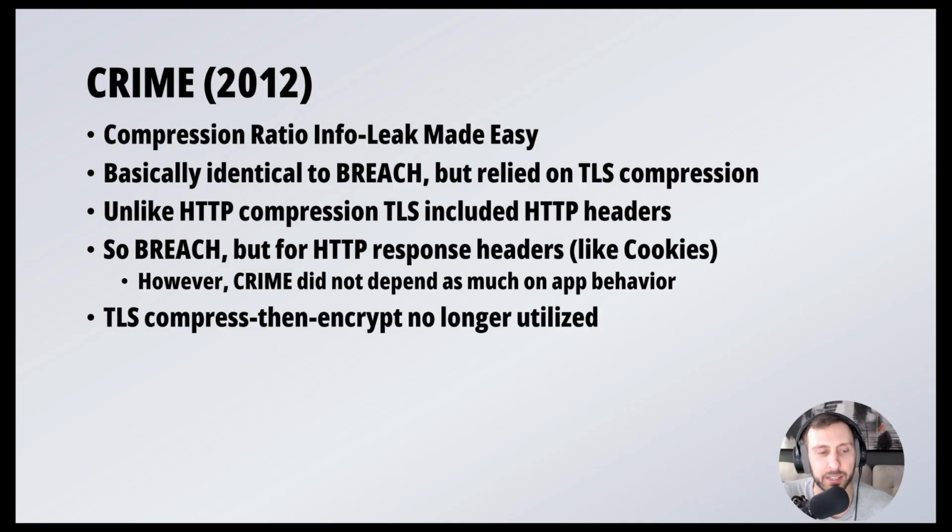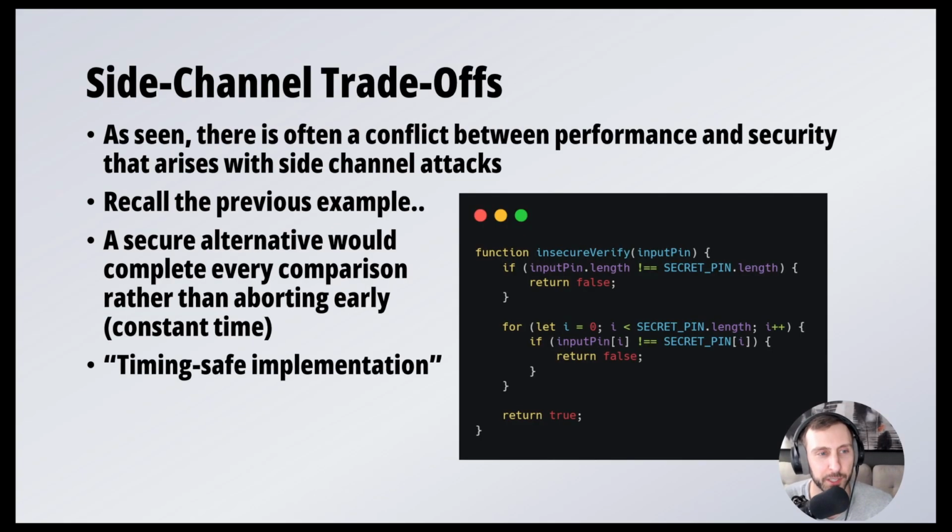However, TLS compress-then-encrypt, I think, is pretty much no longer utilized across the web. So I do not think that CRIME remains a viable vulnerability. Maybe there are some obscure exceptions to that with old technology, but probably quite unlikely to actually be exploitable anywhere.